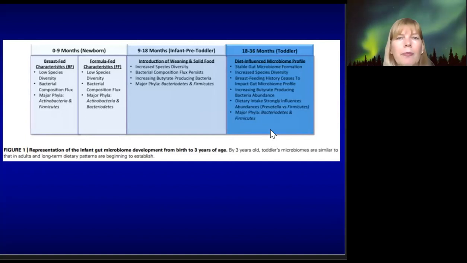And the breastfeeding history ceases to impact because it's been too long now since the milk exposure has occurred. And so, butyrate, we'll look at this idea, increasing butyrate bacteria. Butyrate, they're finding, is a pretty pivotal chemical. It's a product made through fermentation that bacteria do, and they're seeing some interesting impacts that it has on our body, mostly good, but we'll look into this. And again, the Bacteroidetes and the Firmicutes showing up at that stage of toddlerhood.